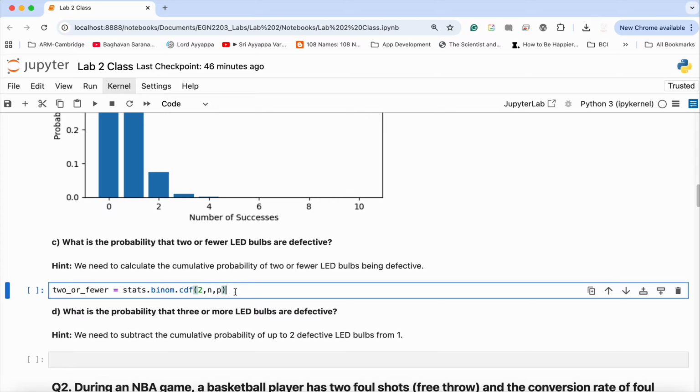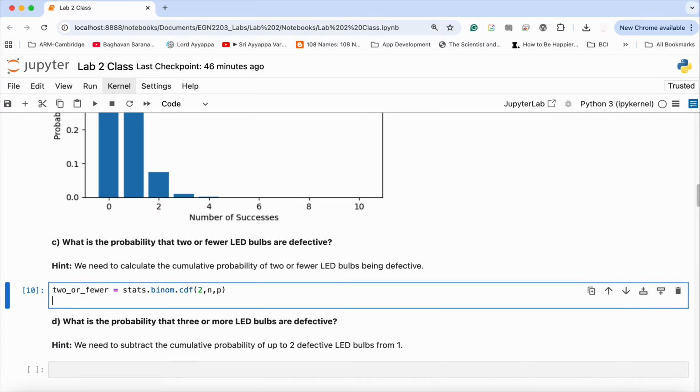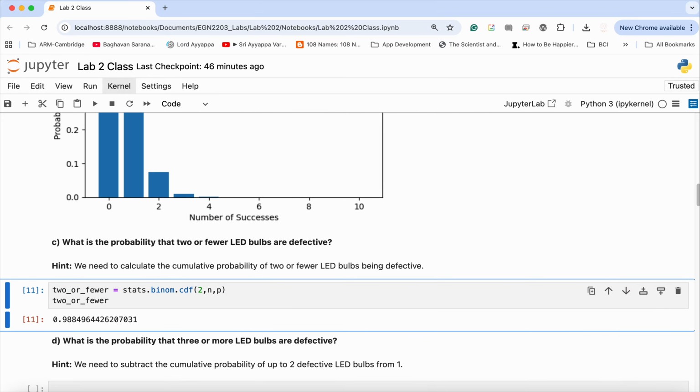Let me just show you so you can see for yourself. 2 or fewer. So what we get is 0.98849 and so on.